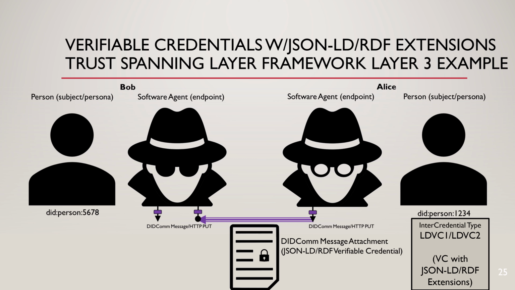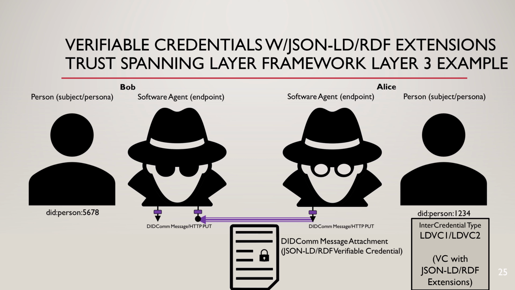At the bottom, we see the credential. In this case, it's just any credential sent from Alice to Bob using the JSON-LD RDF extensions to the verifiable credential model.